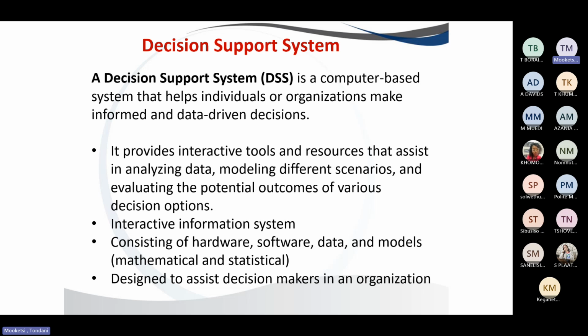So the examples that we gave, like issuing of social grants, it is something that can be done by a decision support system. So this type of system provides interactive tools and resources that assist in analyzing data, modeling different scenarios, and evaluating potential outcomes of various decision options.